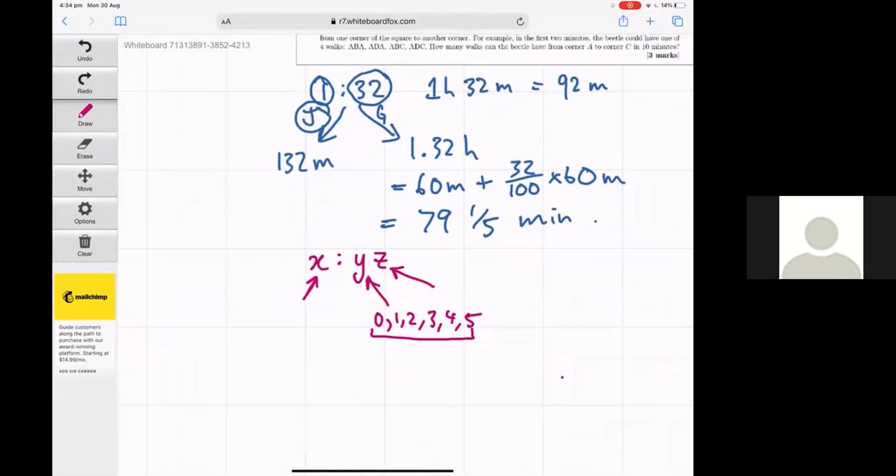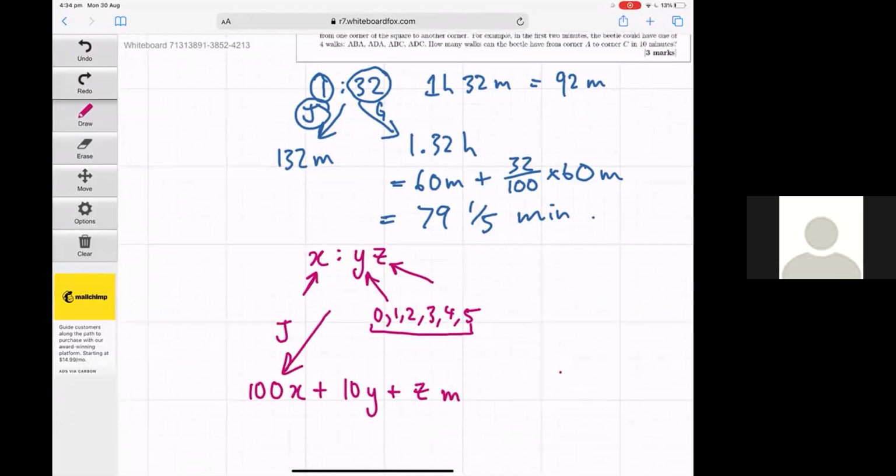So we know that Jordan interprets this as basically XYZ minutes, so 100X plus 10Y plus Z minutes, basically reading it as a base 10 number.